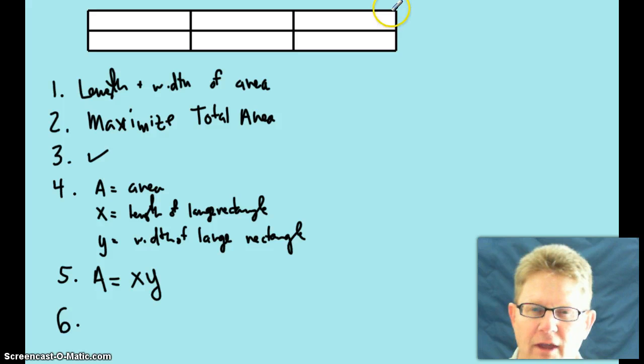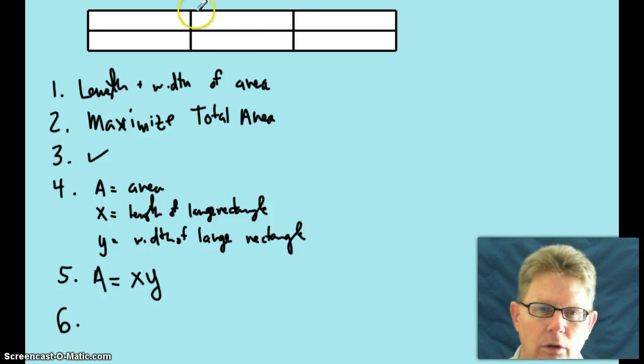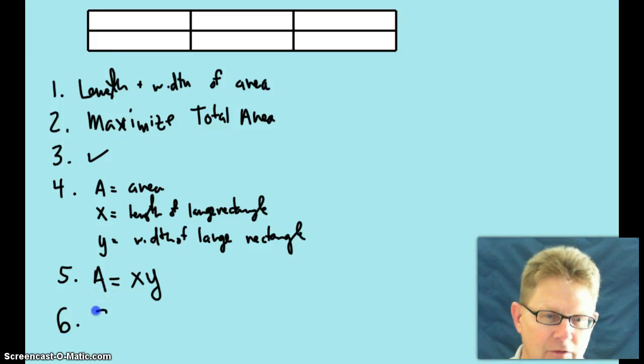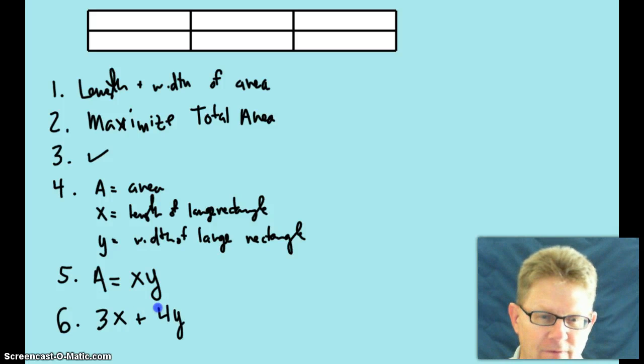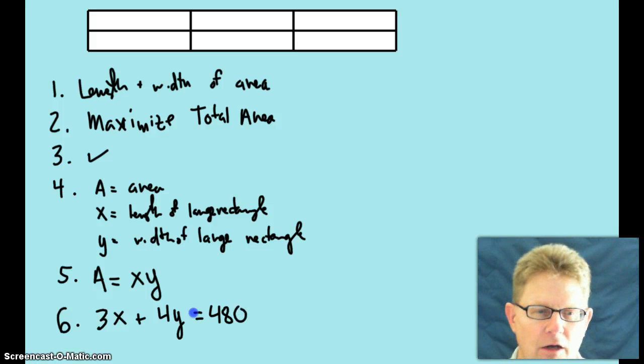So there are 3 lengths. And then how many widths to enclose the whole area? 1, 2, 3, 4. So we have 3 lengths and a total of 4 widths to make up our total of 480 yards.